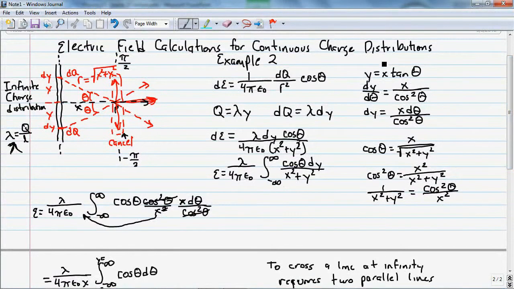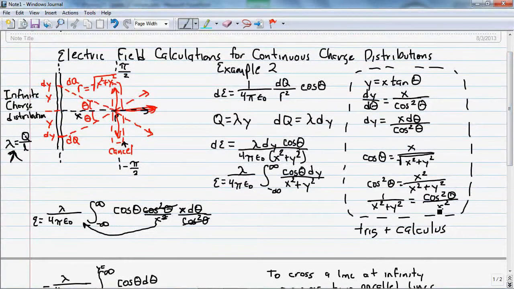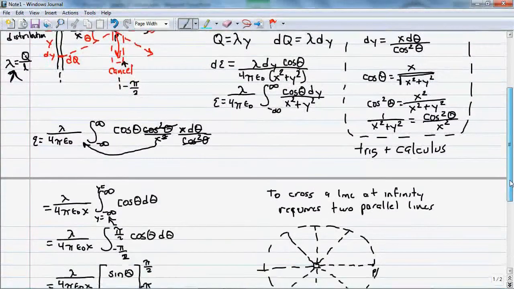We kind of had to use our brains on this one because we had to do some simplifications, and we based these simplifications on strict trigonometry plus calculus. So sometimes we have to look at all sorts of different relationships and see what we can do to simplify our problems. It makes it a little bit easier.